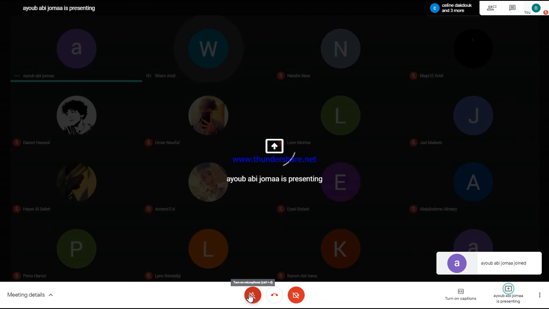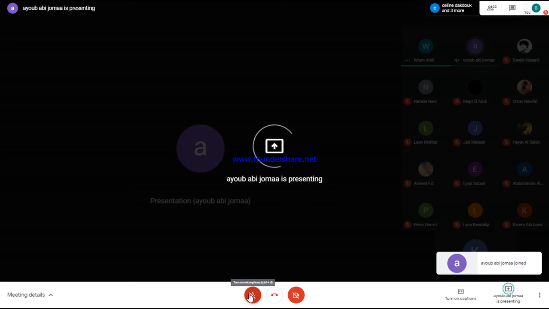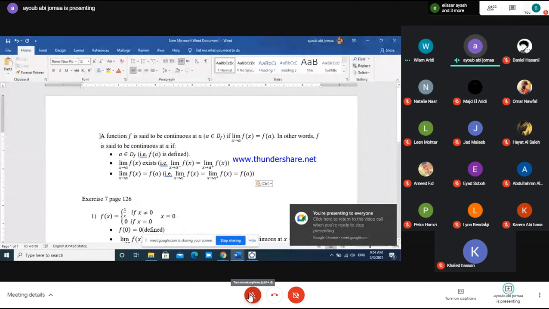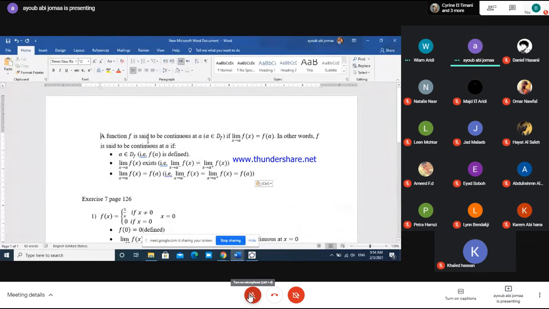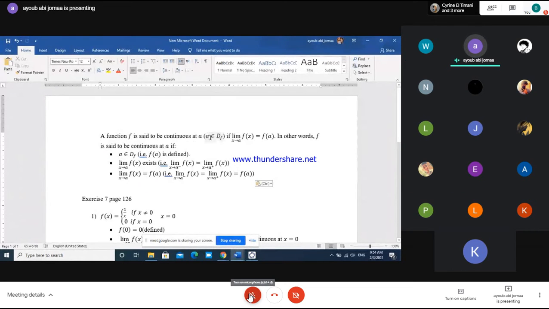Where were we? Okay, we were talking about continuity. A function is said to be continuous at x equal a, where a is a number in the domain, if the limit of f of x as x approaches a is equal to f of a. In other words, it is continuous if we have these three conditions.